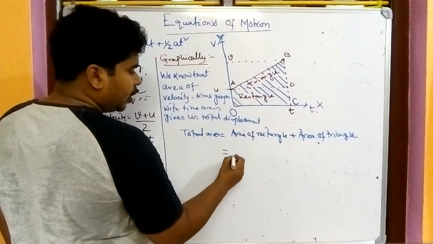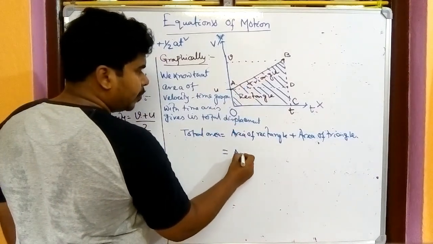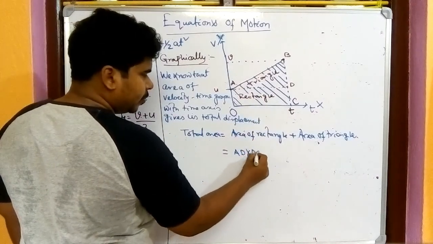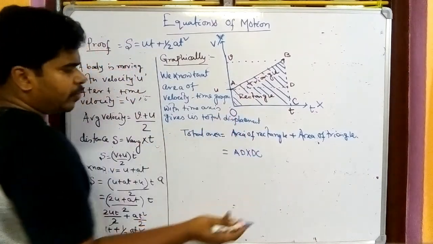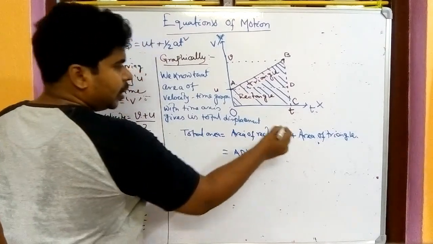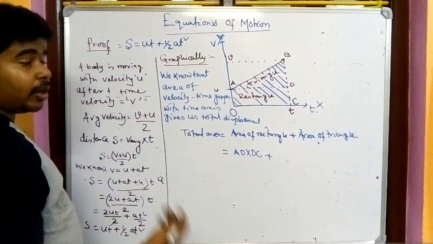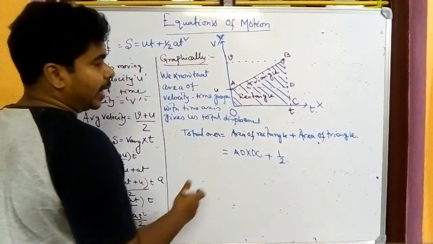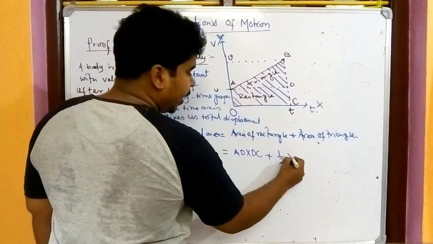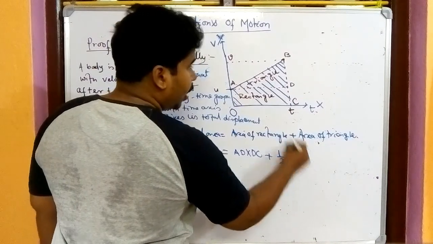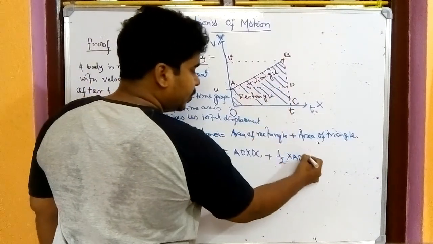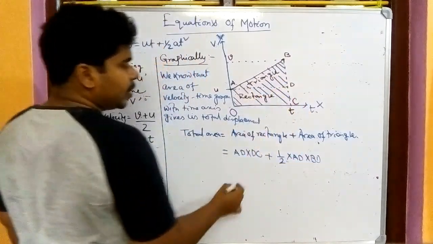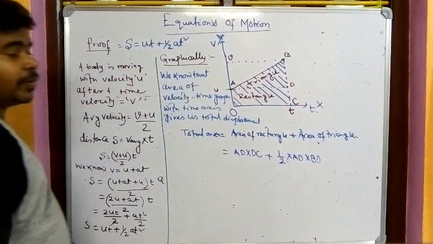So length is AD, breadth is DC, or AO, whatever you can take, plus the area of a triangle, half of base into height. Here the base is AD and the height is BD. So this is the height and this is the base, half of AD into BD.